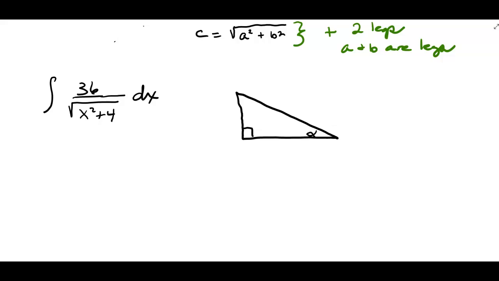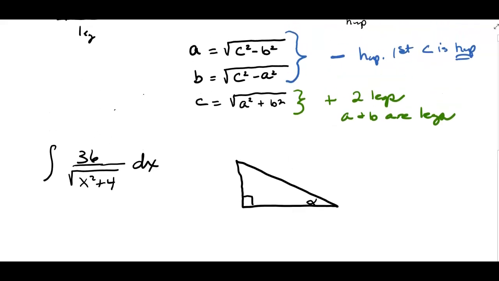Ask yourself, x squared plus 4, what parts of the triangle does that give me? So you come up to this, oh, plus. That means A is my x. Do you see that? B must be 2. And this radical, that's the hypotenuse, because it's a plus.